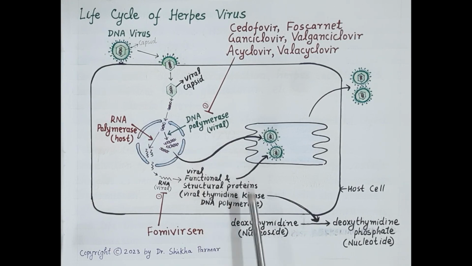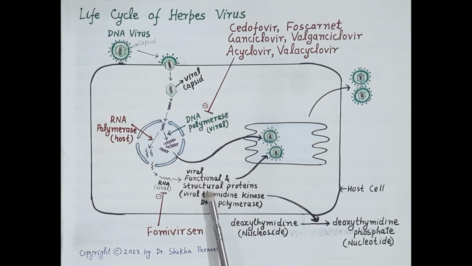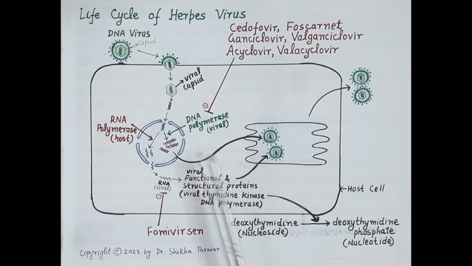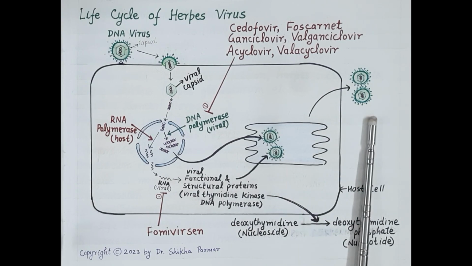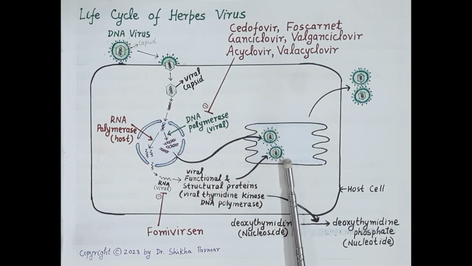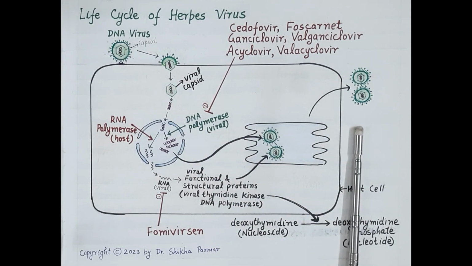Now, in addition to the functional proteins, structural proteins are also synthesized and these structural proteins are utilized for the formation of capsid and envelope of the DNA virus. Now, these replicated viral DNA and these structural proteins are utilized and large number of virions are synthesized and they are released. So, this is how virus DNA multiplies and produces the infection.